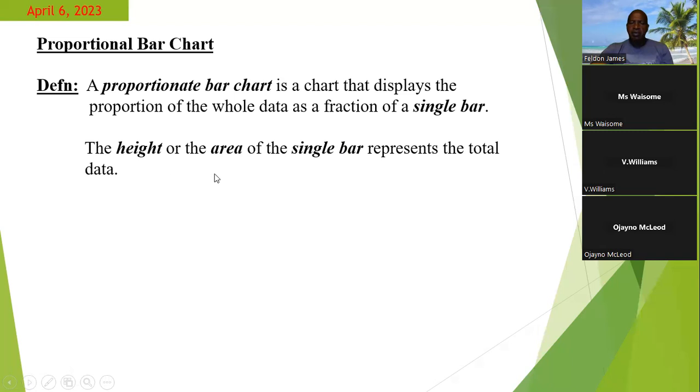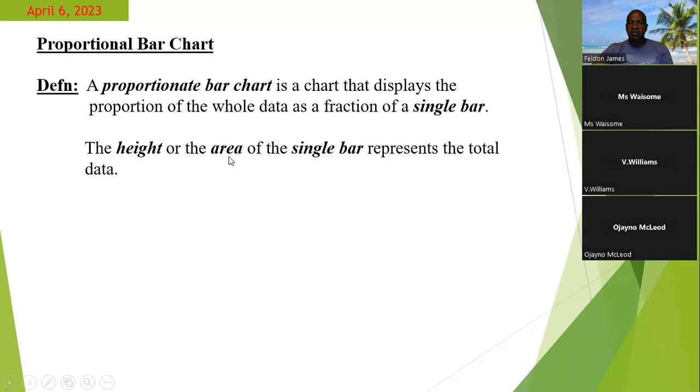All right, now generally, when we are drawing that single bar, the height or the area of the bar can be used. But most time we are using the height, because as you know, if we are to calculate the area, we would have to find the length times width of whatever rectangular area representing the portion. But if we just use the height, then now the width of the bar wouldn't matter.